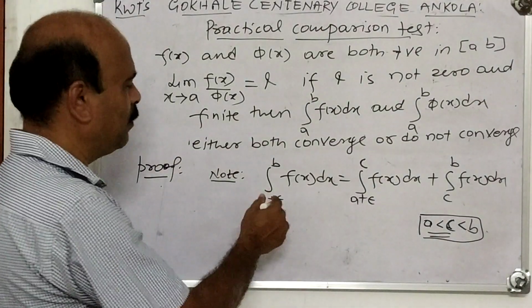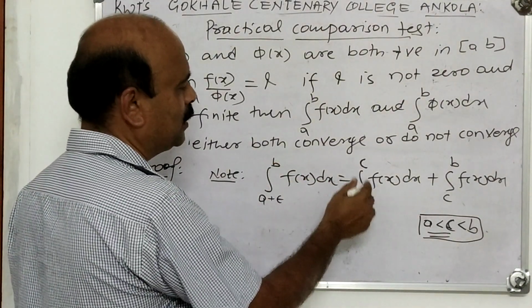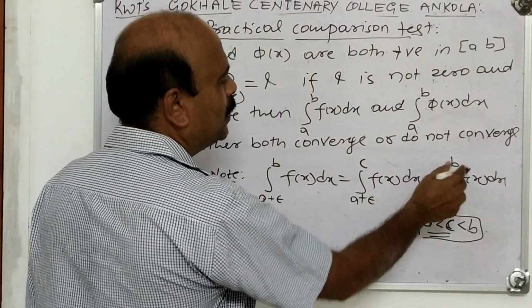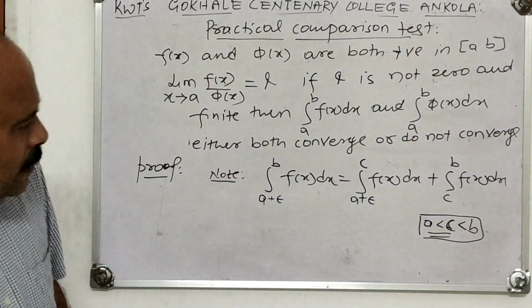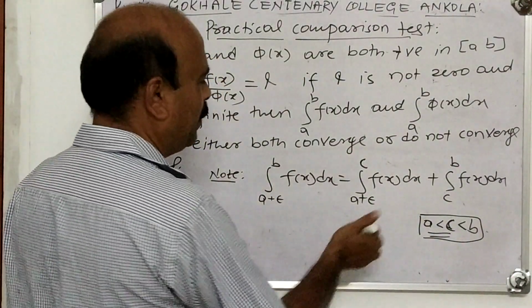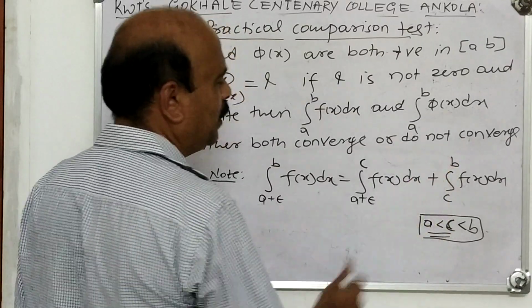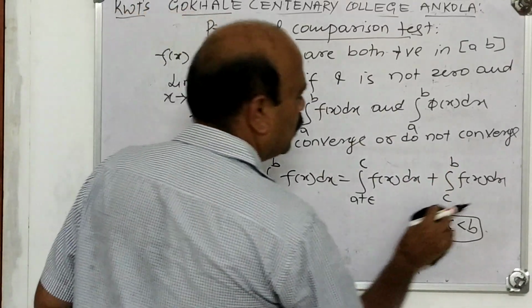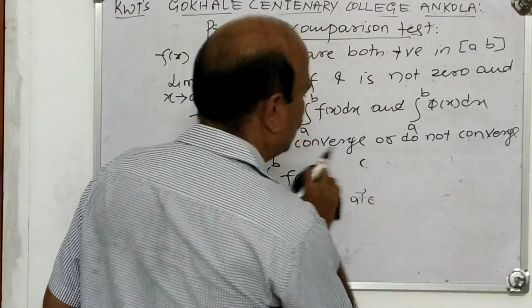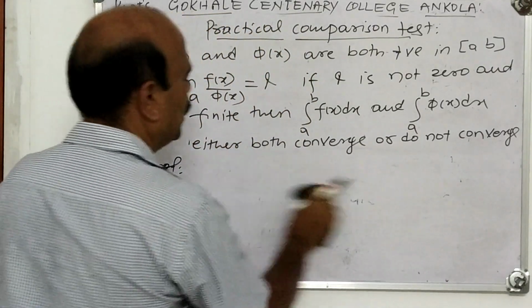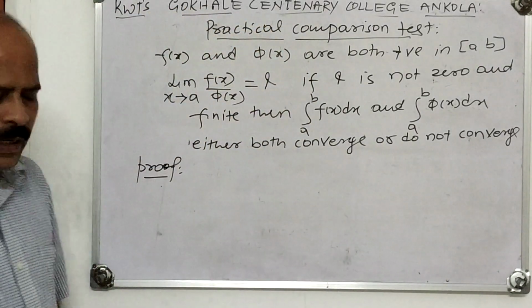So we write the integral from a+ε to b of f(x) dx as the integral from a+ε to c plus the integral from c to b, and these two either both converge or both do not converge. Now we use this in the proof of the practical comparison test.